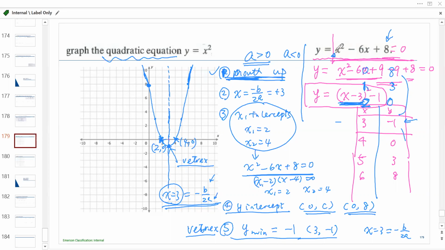The coefficient in front of this term. When it is less than 0, the mouth opens down, like this. Flipped down, not up. So based on this, you can judge whether the mouth is up or down. Based on this formula, you can find the axis of symmetry. And based on the quadratic equation, we can find the x-intercepts. You can find the y-intercept. You can find the vertex.